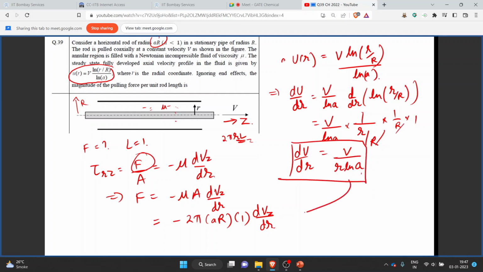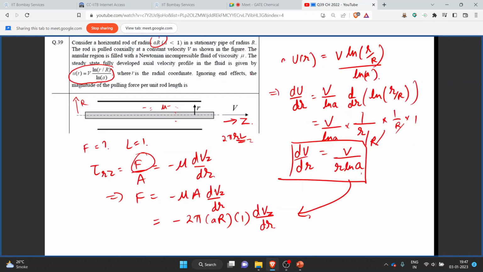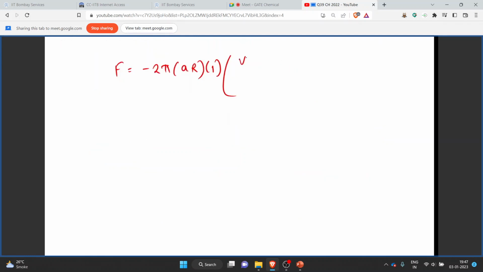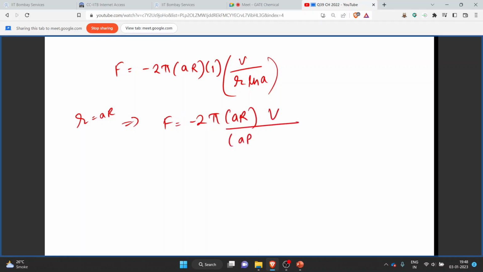Now we will put this in this equation, so F is equal to minus 2 pi AR into 1 into dVz upon dr, which is v upon r ln of a. If r is equal to AR, we will have F is equal to minus 2 pi AR v upon AR ln of a.